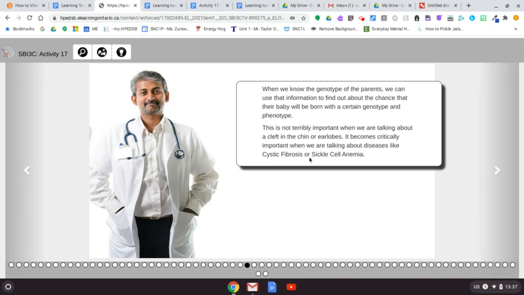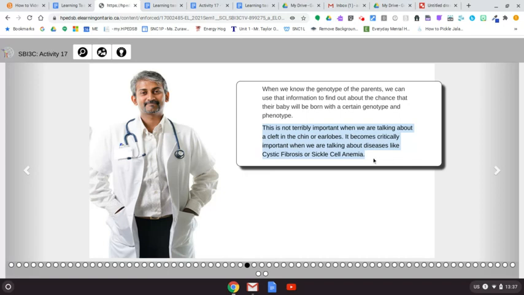But what they're saying here is it doesn't really make that big of a difference to know this if you're looking at a cleft chin or earlobes or eye color. Who really cares?